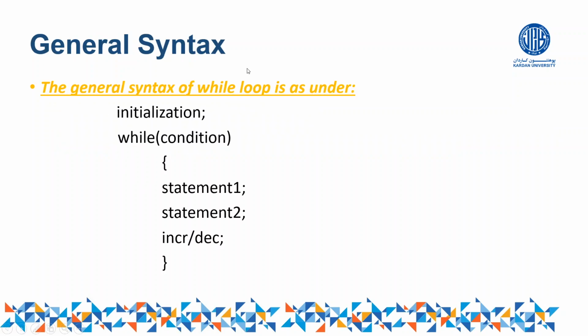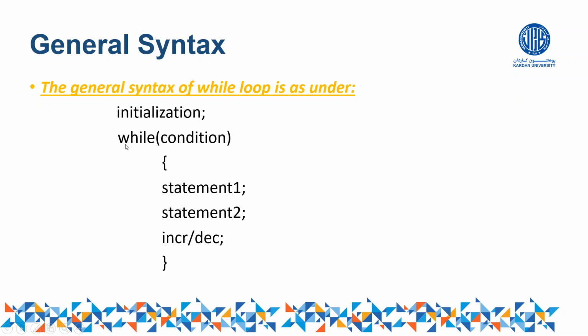This is the general syntax of the while loop. The general syntax of the while loop is as under. Obviously, the first part is initialization. Here you have to initialize the counter variable, just like we saw the initialization of the counter variable in the for loop. Then next comes the while.